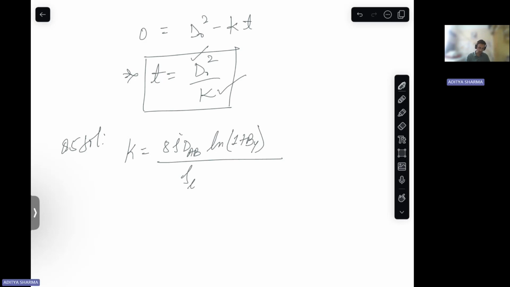Rho is your overall density and rho L is your liquid phase density.